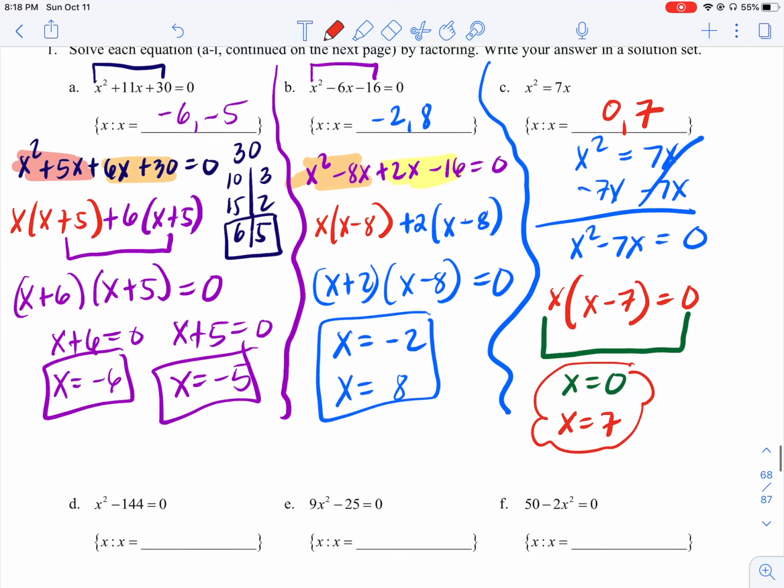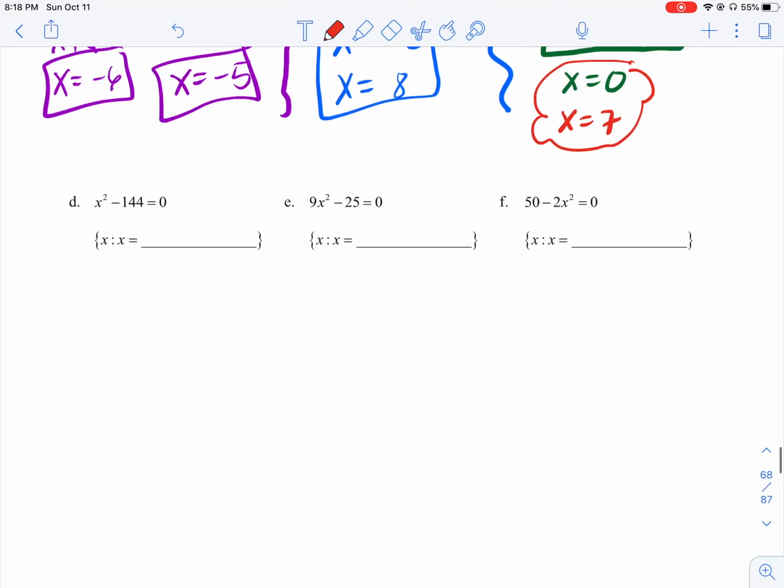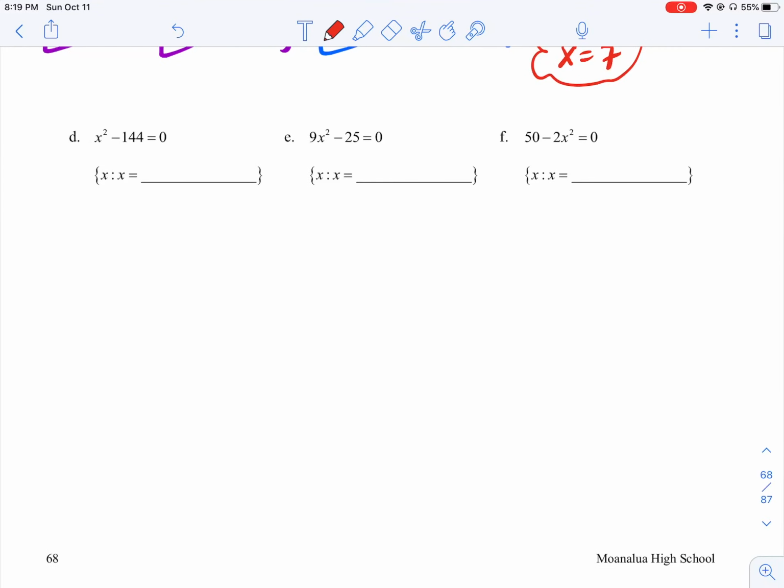Okay, should we have more examples? Let's try more examples. x squared minus 144. This looks like difference of squares. And if you watched already 3.2, you would know, oh, they are all difference of squares, all of them.